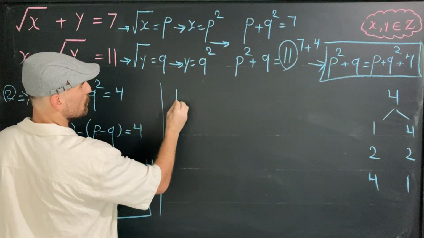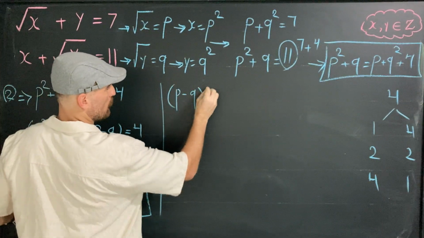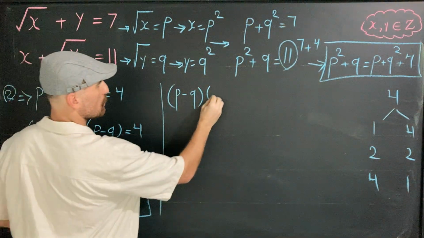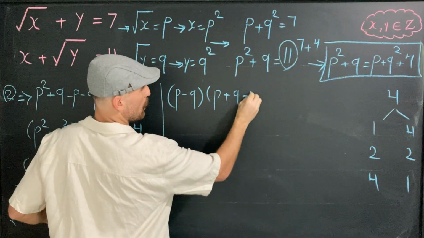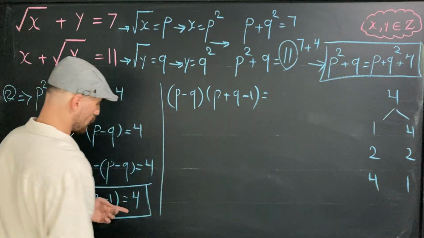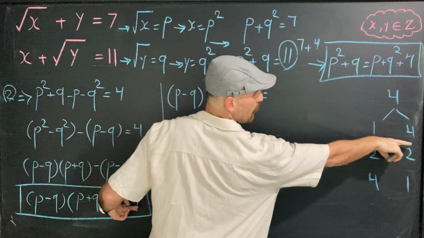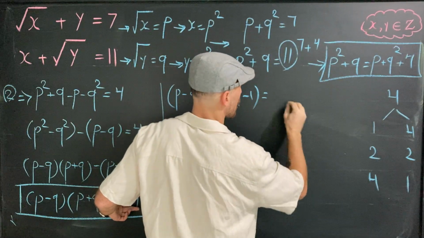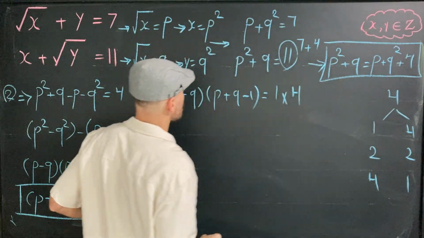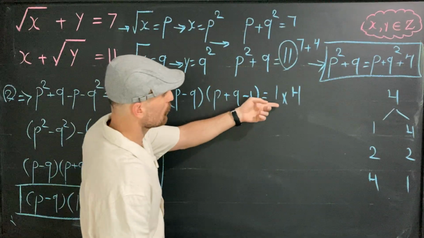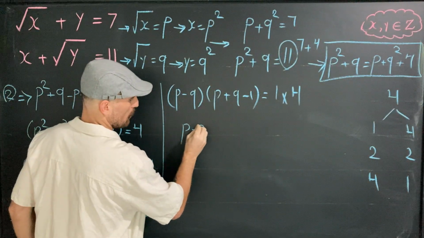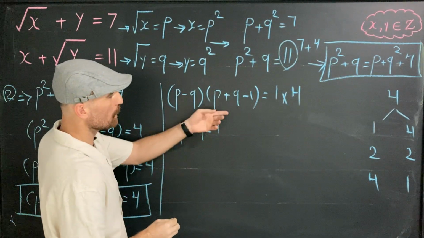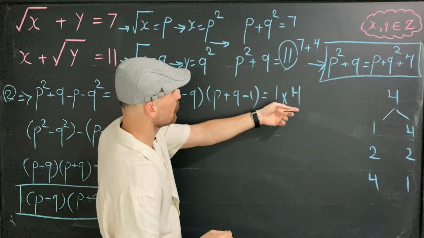P minus q times p plus q minus 1 equals 4. So I'm going to start with this one. 1 times 4. So p minus q is going to be 1. Also, p plus q minus 1 is going to be 4.